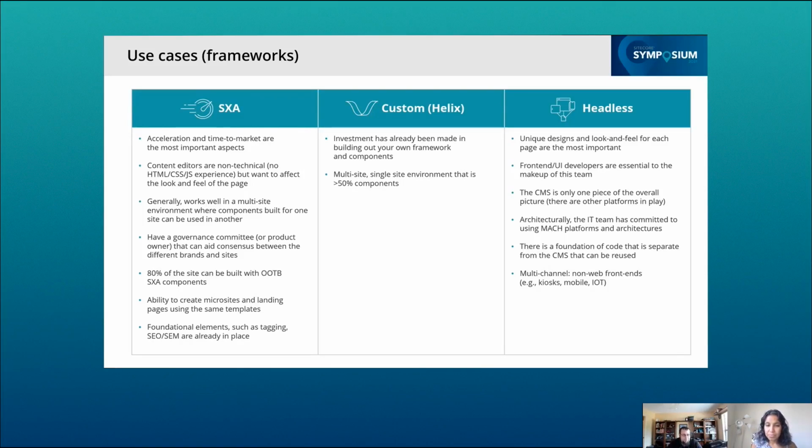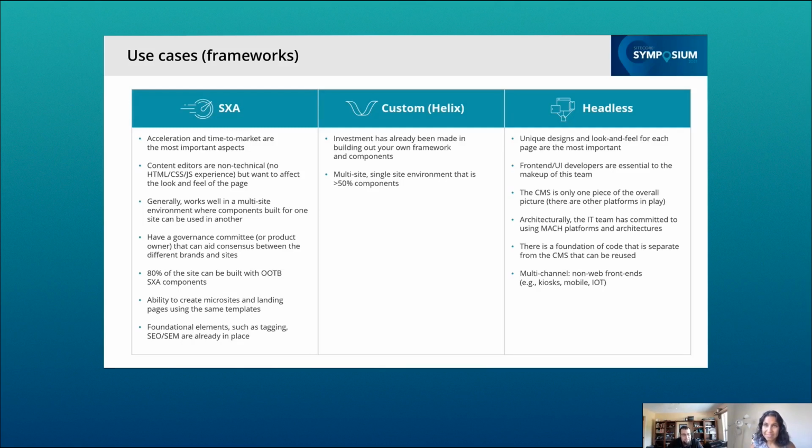Like I said, Sitecore SXA is built to support multi-site, obviously following best practices by doing so. Typically, you'll find that about 80% of your site can be built with out-of-the-box SXA components. So about 20% will be the custom-built components.